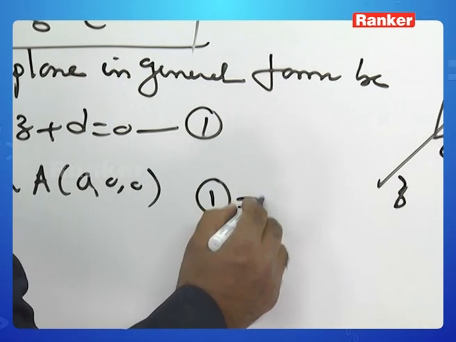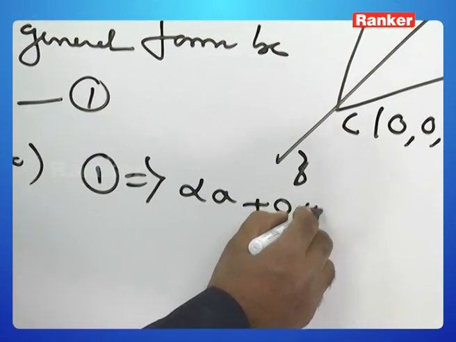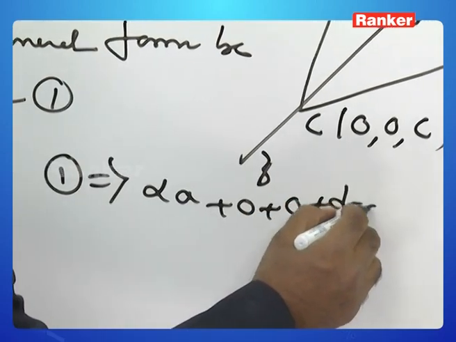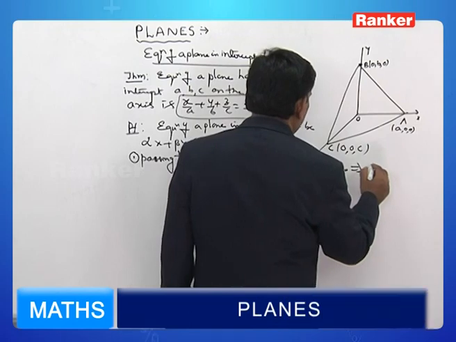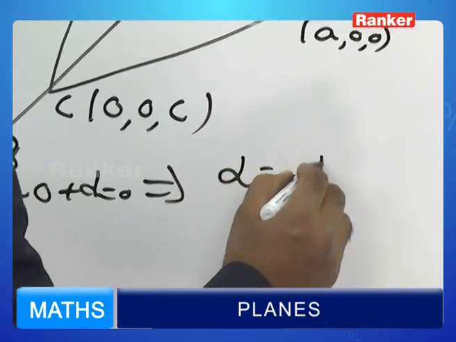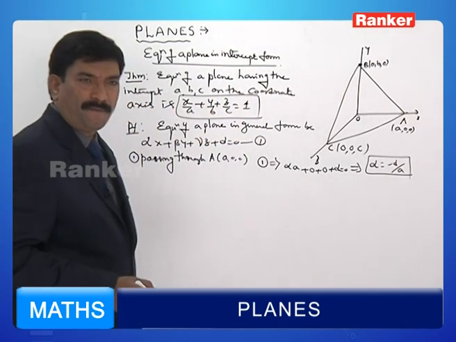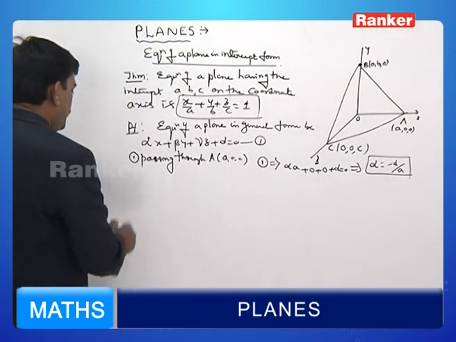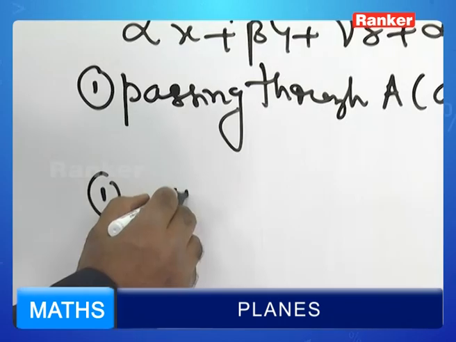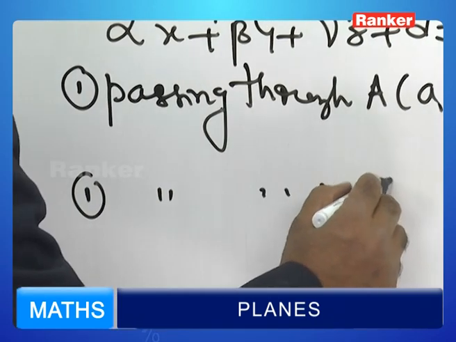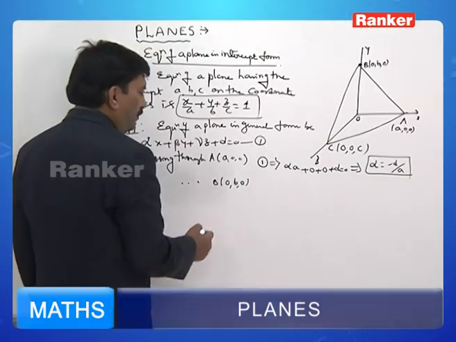Now (1) implies alpha A plus 0 plus 0 plus d is equal to 0, which implies alpha is equal to minus d by A. Followed? Next, (1) is passing through B(0, B, 0).